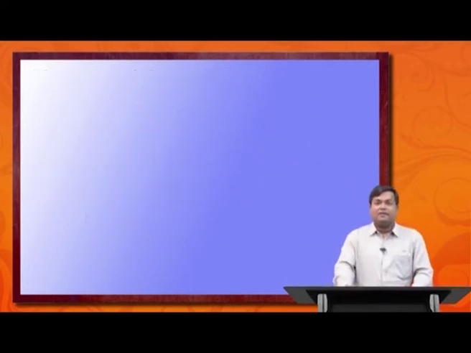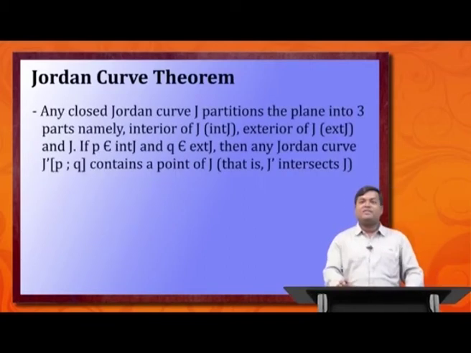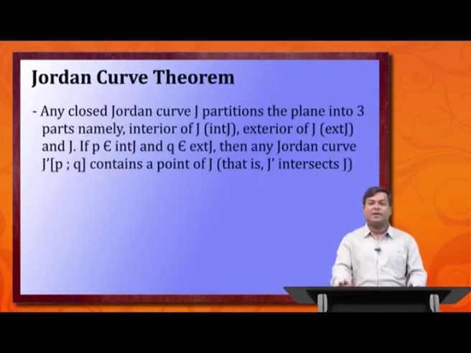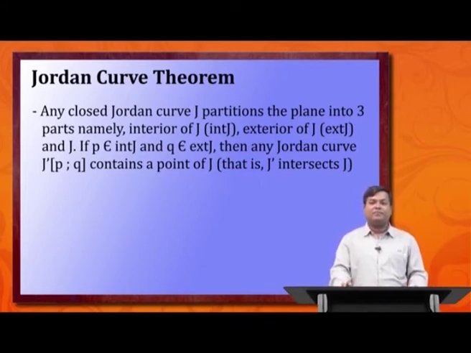Now let's start the Jordan curve theorem. Any closed Jordan curve J partitions the entire plane into 3 parts, namely the interior of J, the exterior of J, and J itself. If P is a point in the interior of J and Q is a point in the exterior of J, then any Jordan curve J' drawn from P to Q contains a point of J, that is, J' intersect J is non-empty.